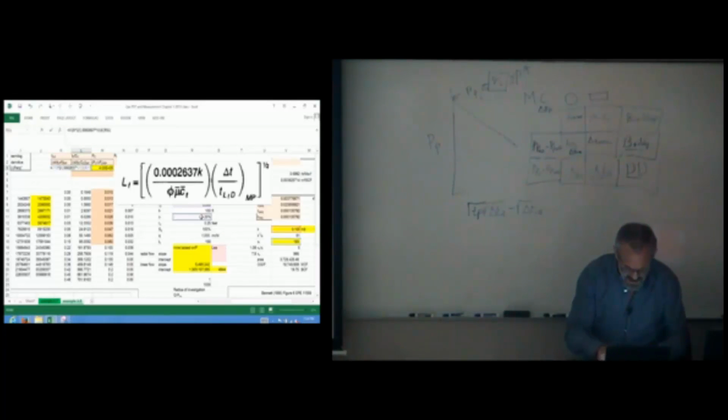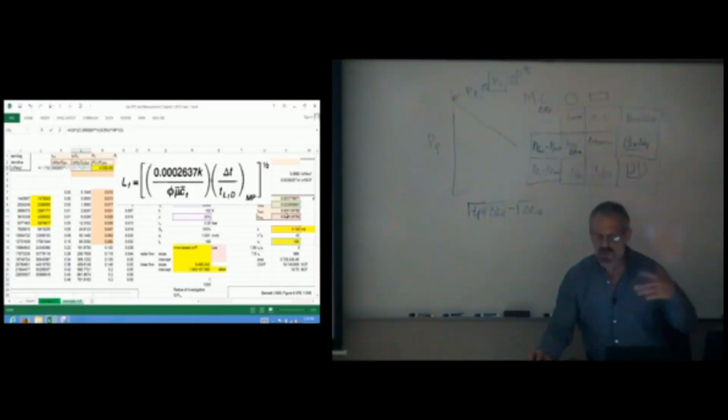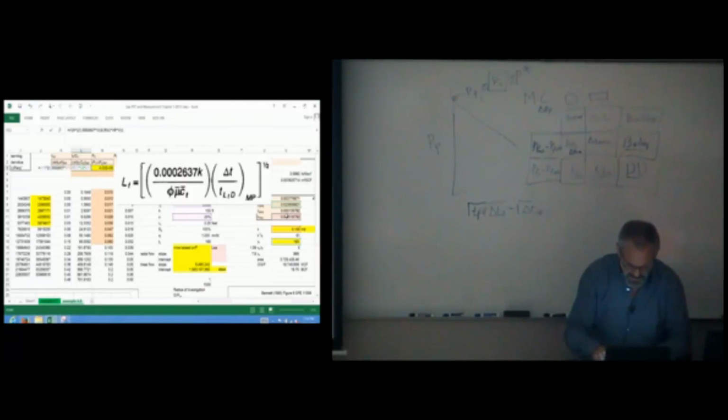Phi times mu times c sub t. I'm using a gas saturation of 100% in this problem because I don't know what they did here. Close a paren, and I get 916.